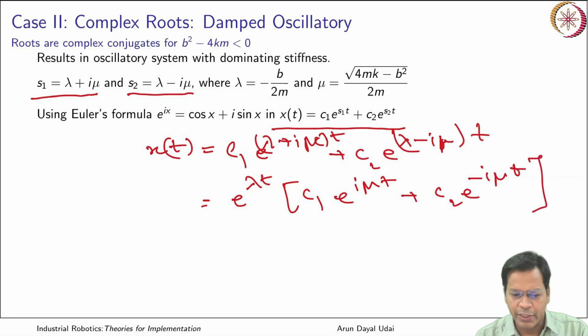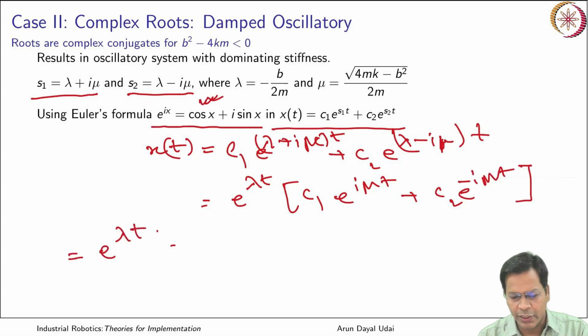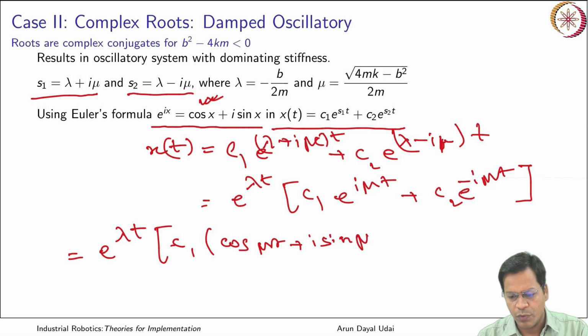So now I can substitute the second part of it, e to the power ix is equal to cos x plus i sin x. If you substitute that once again here, you get e to the power lambda t, that is still outside, and C1. Here I'll write it as cos mu t plus i sin mu t.